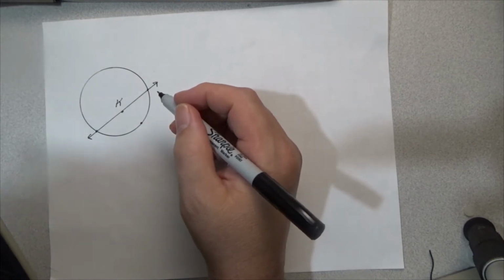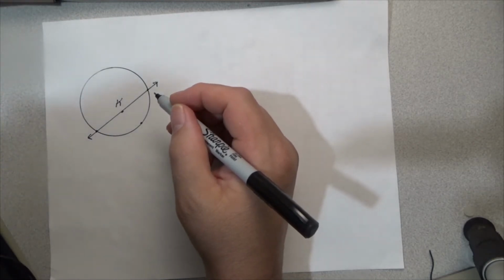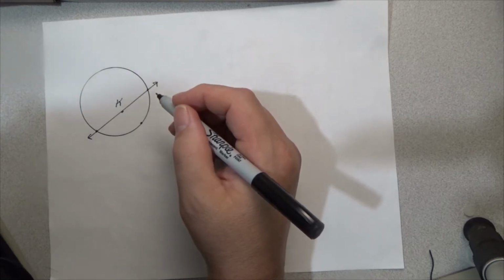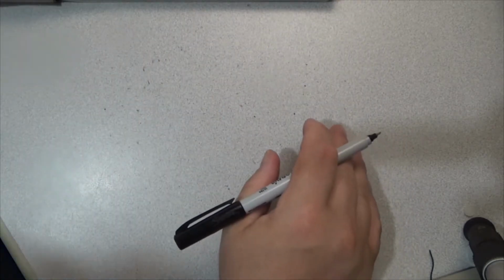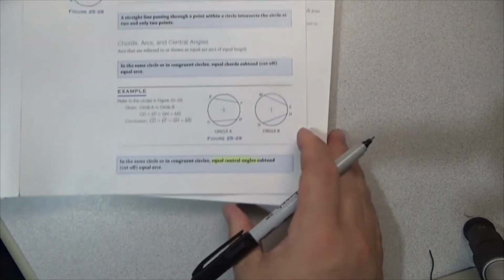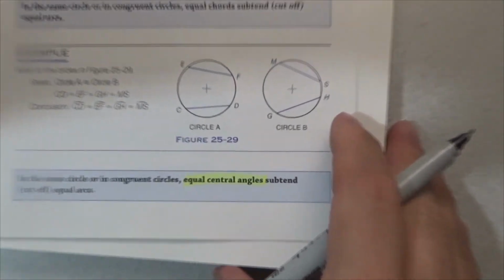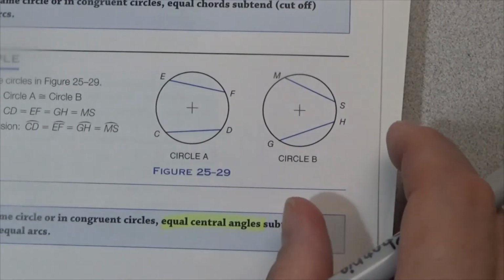Now the next one says, in the same circle or congruent circles, equal chords subtend or cut off equal arcs. So let's take a look at the bottom of page 623. It's just easier to do this than to try to draw that.